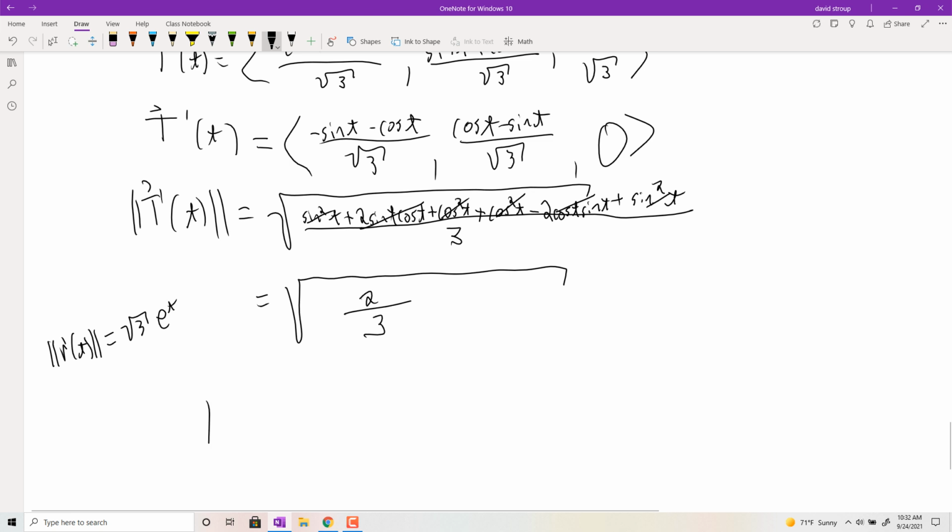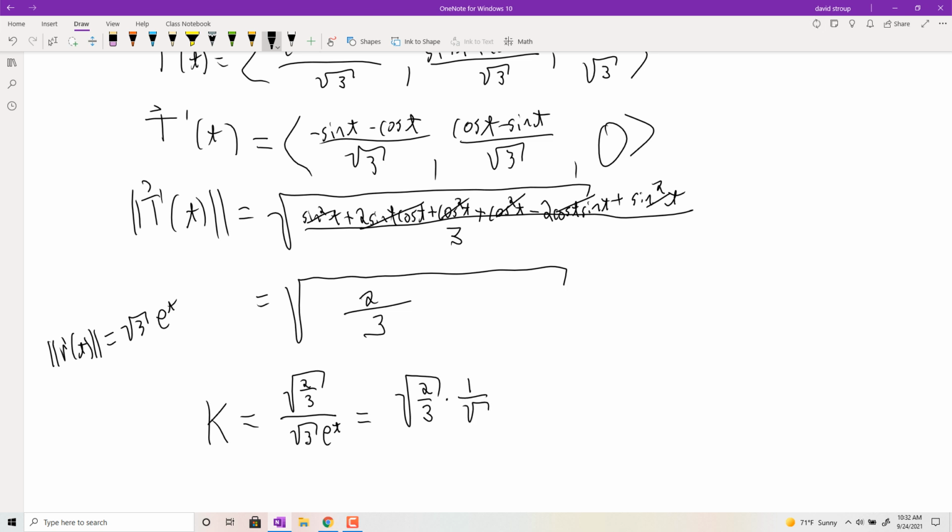So the curvature is root 2 over 3 divided by root 3 e to the t, which would be root 2 over 3 times 1 all over root 3 times e to the negative t, which would be root 2 all over 3 e to the negative t, apparently.